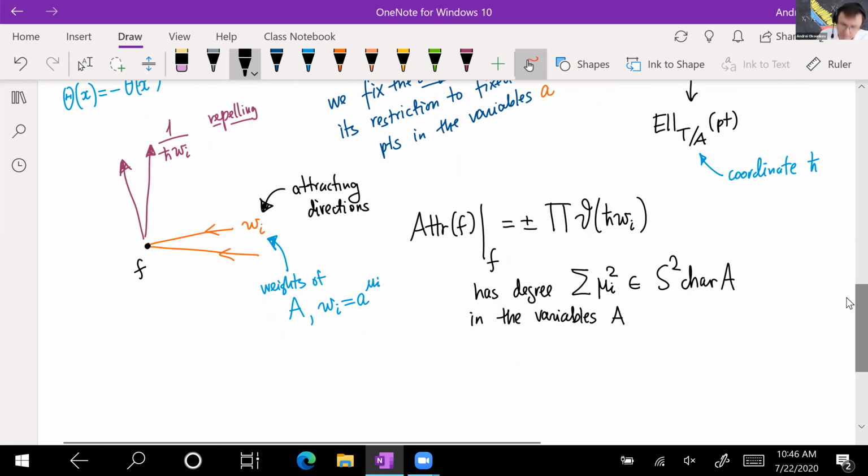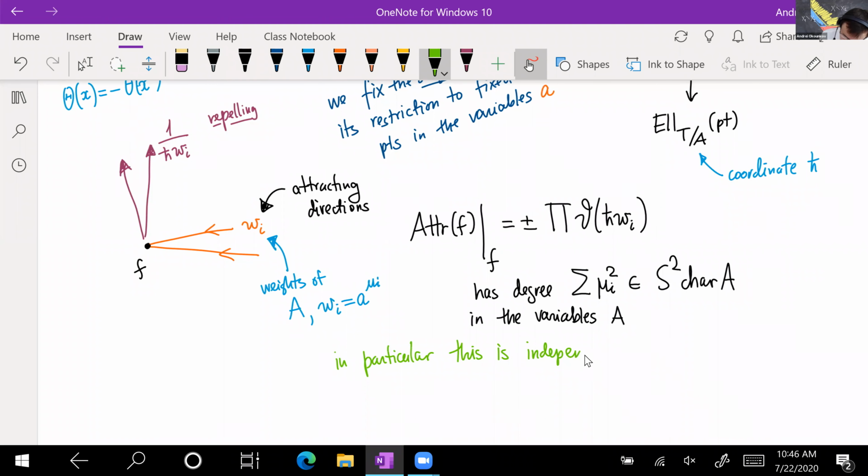So we discussed that the degree of a line bundle on the abelian variety is something like a quadratic form. So that's this quadratic sum of these characters. So in particular, this is independent of which directions are attracting and repelling.